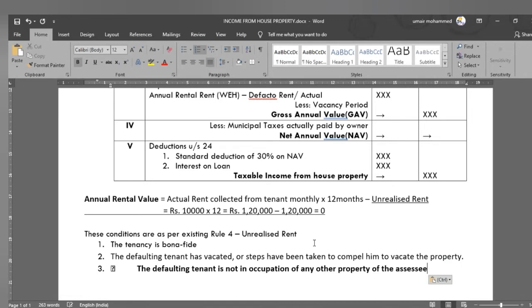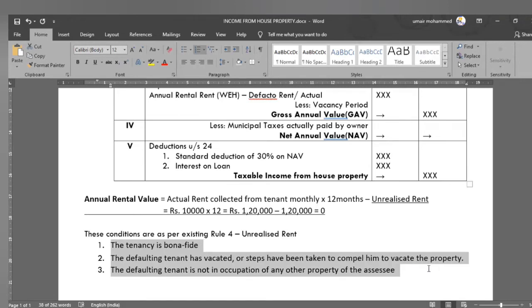It means, let us say you are the owner of the house and I'm your tenant. You have 2 houses, one in Langford Town and the other in Shantinagar. I am staying in both the houses. Technically the agreement is between me and you. In the Langford Town house, I'm staying, and in the Shantinagar house, my son is staying.